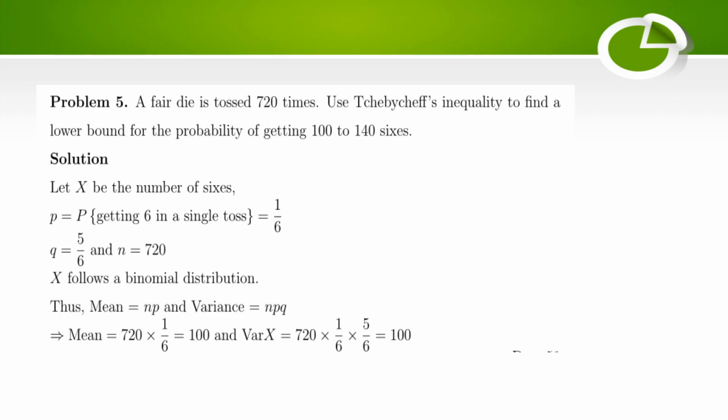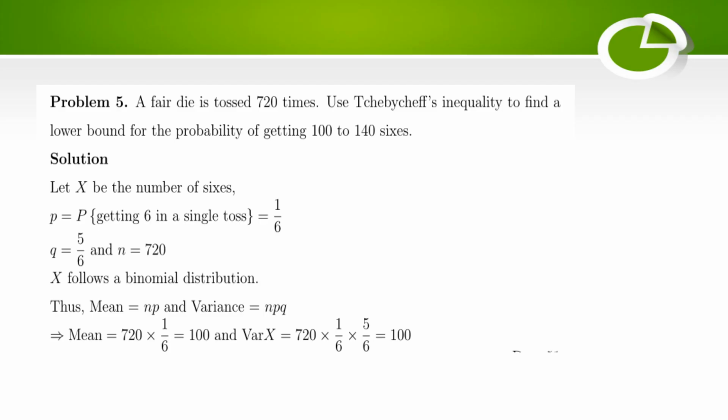Problem 5. A fair die is tossed 720 times. Use Tchebycheff's inequality to find a lower bound for the probability of getting 100 to 140 sixes. Solution. Let X be the number of sixes. p = probability of getting a 6 in a single toss = 1/6, q = 5/6 and n = 720.